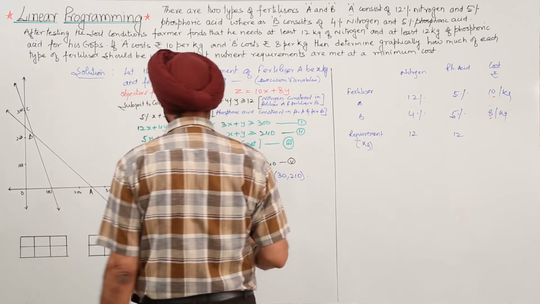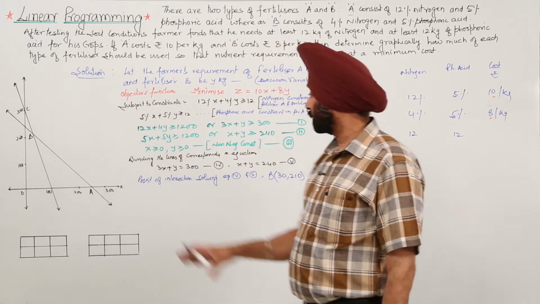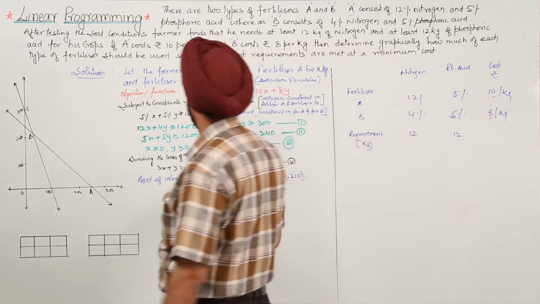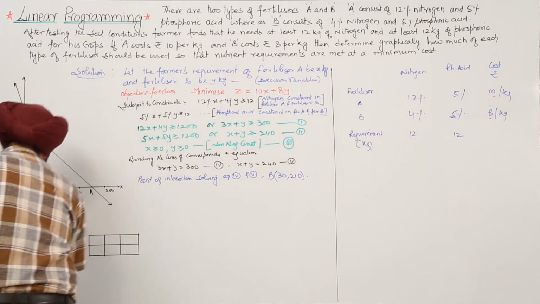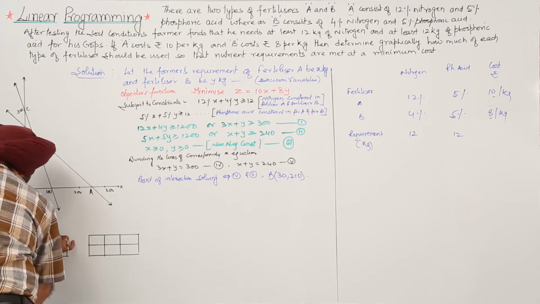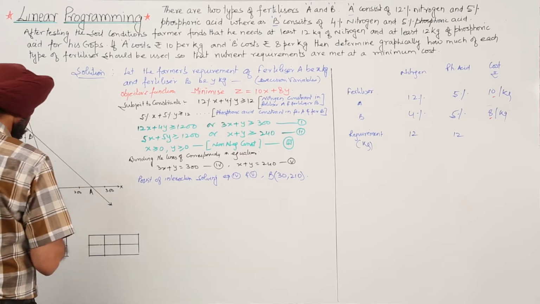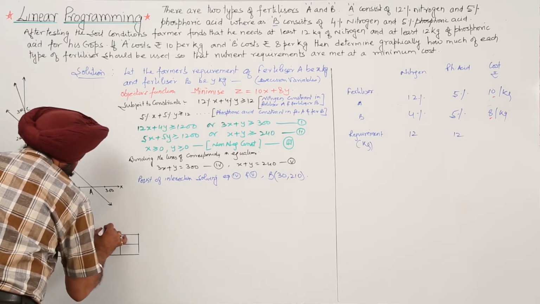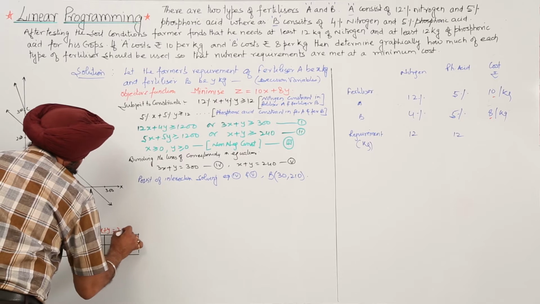Now plotting the equations on the rough sketch. The first equation is 3x plus y is equal to 300, and the second equation is x plus y is equal to 240, which we have to plot on the graph.